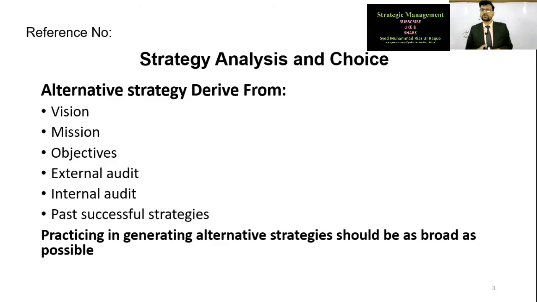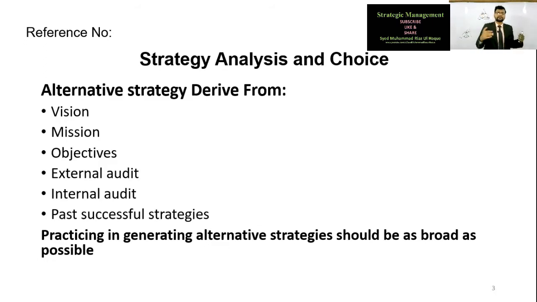Whatever you have done so far in your organizations, you have a report and a thorough case study, and you know which strategies you applied and implemented that brought success in your target and achieved your goals, making your organization move towards the success path. So past successful strategies are always necessary for developing the alternative strategy.